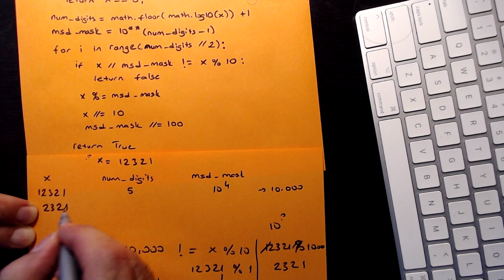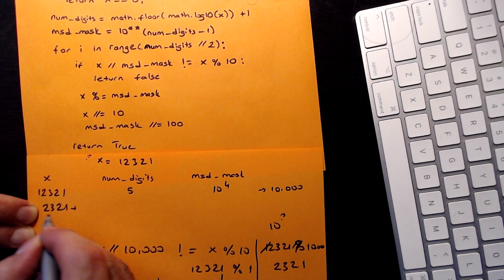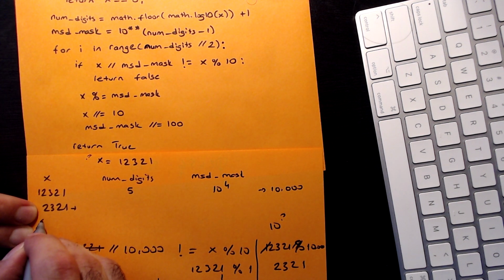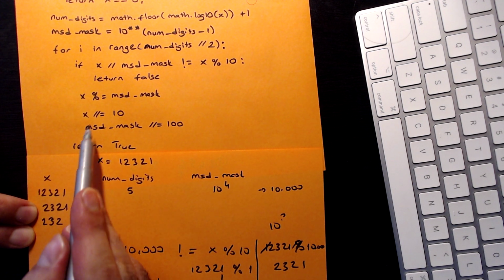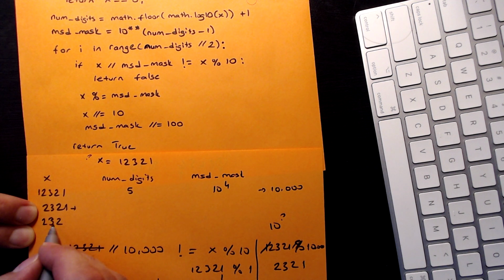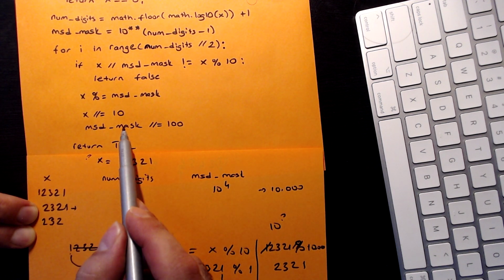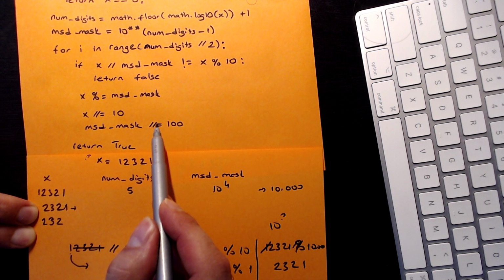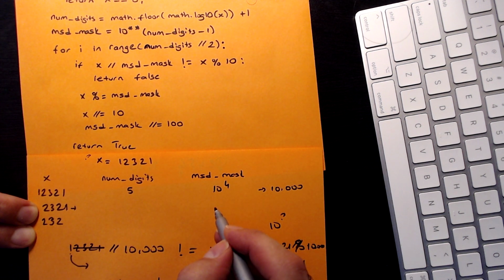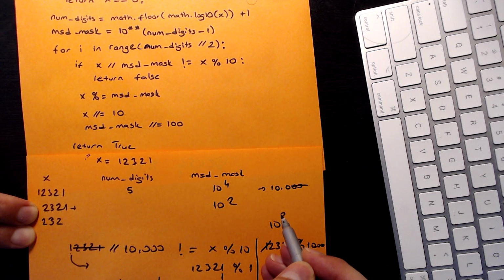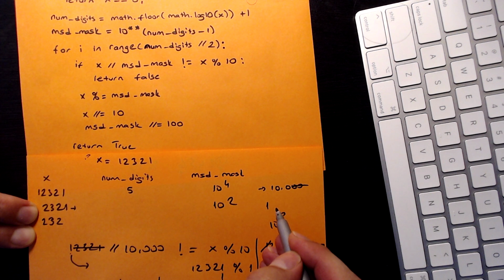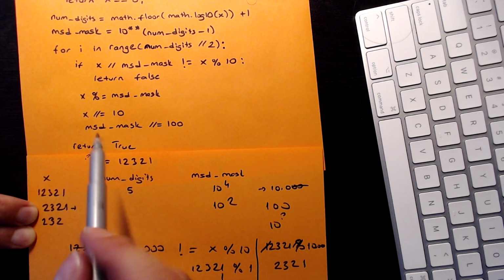In this case, our x is going to become 232. And our mask, from 10,000, is divided by 100, so it just became 10 to the second. Basically, we got rid of two zeros and that became 100.